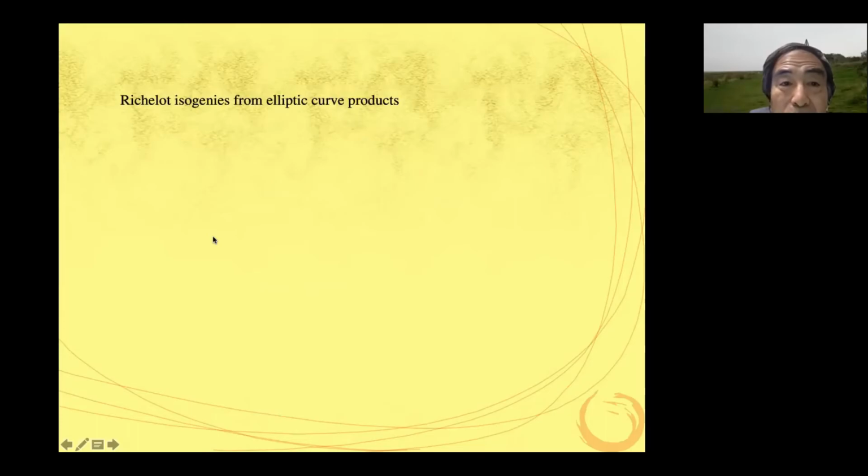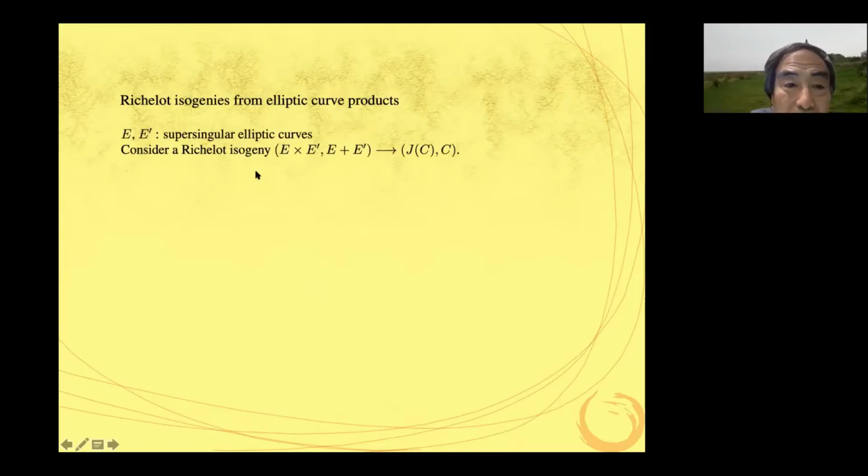Now we go to Richelieu isogenies from elliptic curve products. We can use almost the same method, and we consider a Richelieu isogeny from here to here. We denote by O of E cross E the group of automorphisms of this which preserve the polarization.